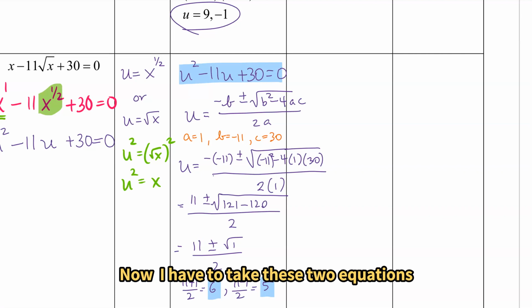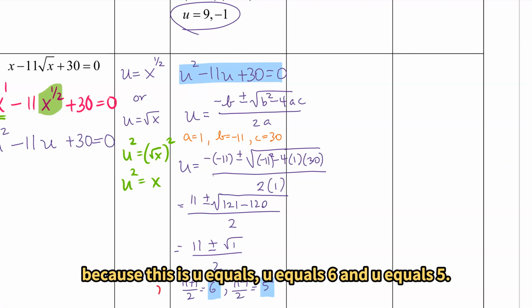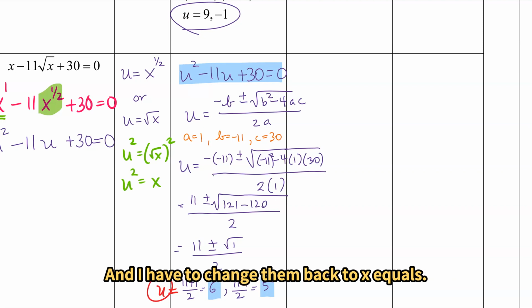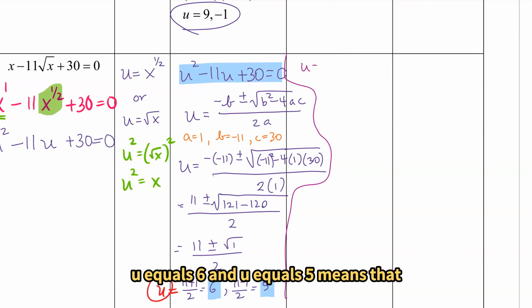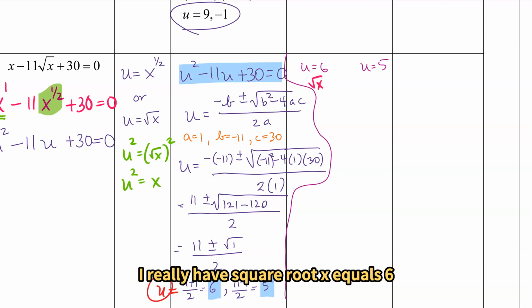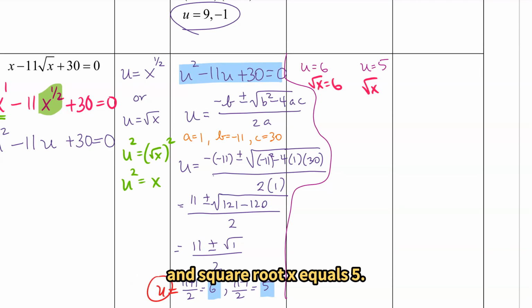Now I have to take these two equations, u equals 6 and u equals 5, and change them back to x equals. So I'm going to block off a little room there. U equals 6 and u equals 5 means that I really have square root x equals 6 and square root x equals 5.